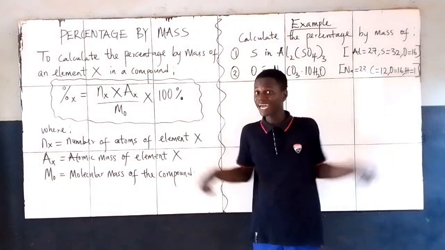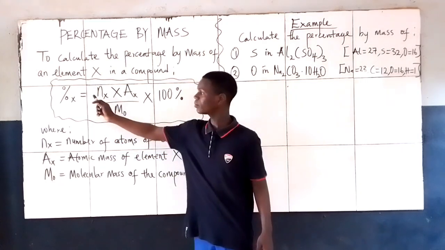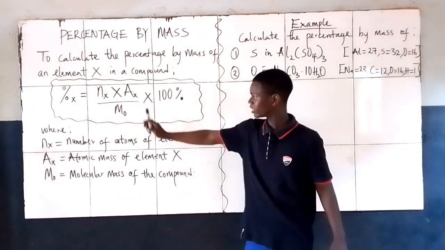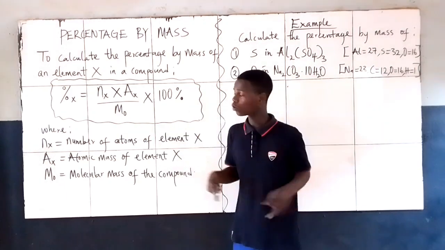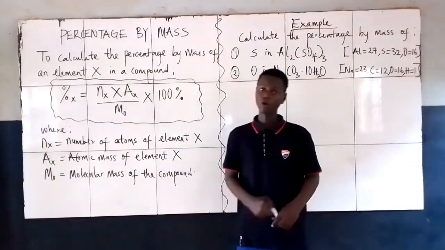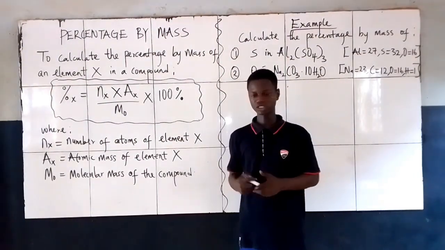Molecular mass of the entire compound. So those things combined together, number of atoms of the element X, atomic mass of the element X over the molecular mass of the whole compound times 100 will give you what? Percentage by mass of element X, which can be any element as given in the question.